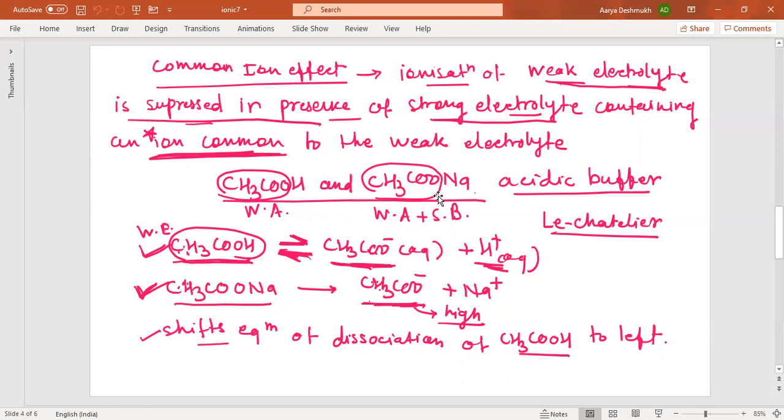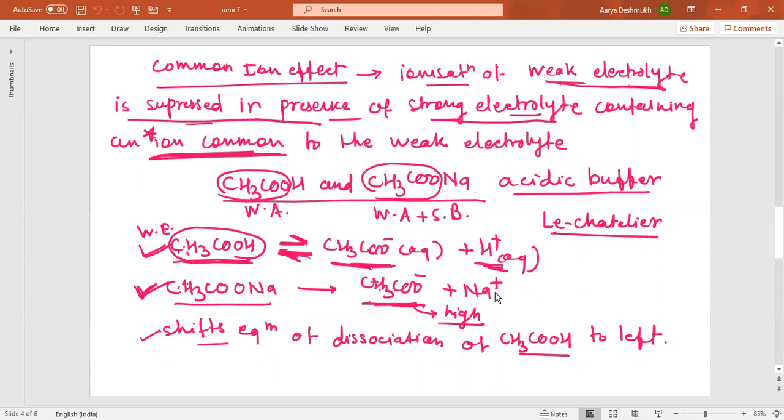So here CH3COONa, which is a strong electrolyte, dissociates completely in the solution. It dissociates completely like this: CH3COO minus, that is acetate, plus sodium ion.